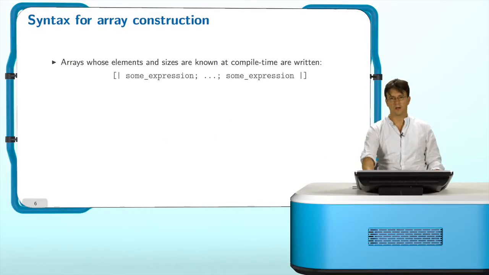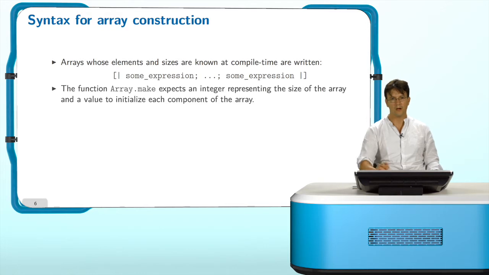This syntax is okay for small arrays whose size is known at compile time. But now, if you don't know the size and you have to compute it, you can use a function named Array.make that will expect an integer representing the size of an array and a value that will be used to initialize each component of this array.